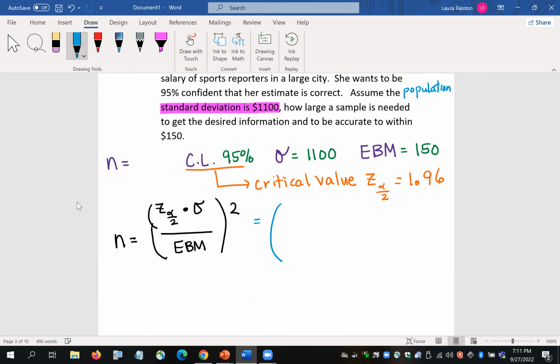I have 1.96 times 1100, which is my population standard deviation, divided by 150, and then I'm going to square it. I'm going to use my calculator and do 1.96 times 1100 divided by 150. I get the answer and square it.